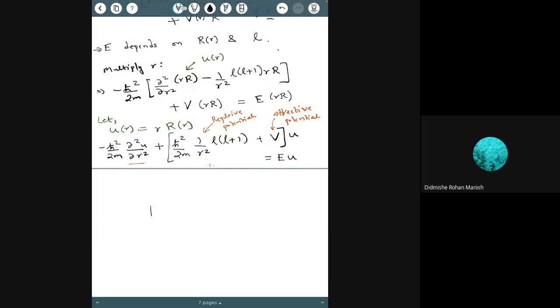From this, we're defining an effective radial potential, which we can call V effective of R, which is basically this. I'll try to draw something.